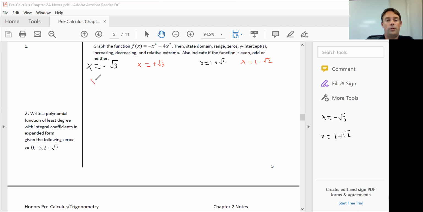So my roots, x plus root 3 equals 0. So we're turning them into factors real quick. X minus root 3 equals 0. X minus 1 minus root 2 equals 0.